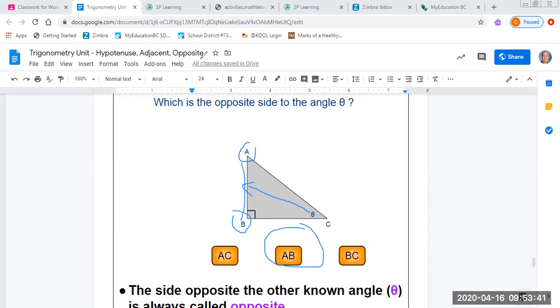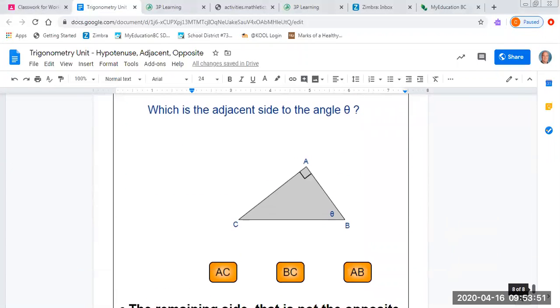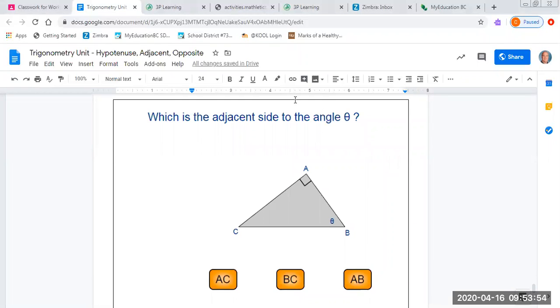And lastly, we'll take a look at one more, which is the adjacent. This question asks, what is the adjacent side to angle theta? Once again, we have the opposite, which is right here.